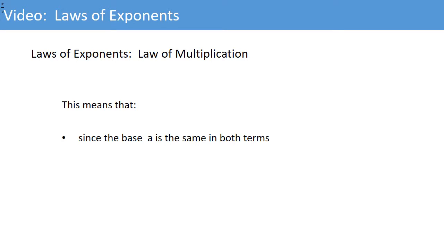This means since the base a is the same in both terms, you will add the exponents together. A to the exponent 3 times a to the exponent 5 is a to the exponent 3 plus 5, which is a to the exponent 8.